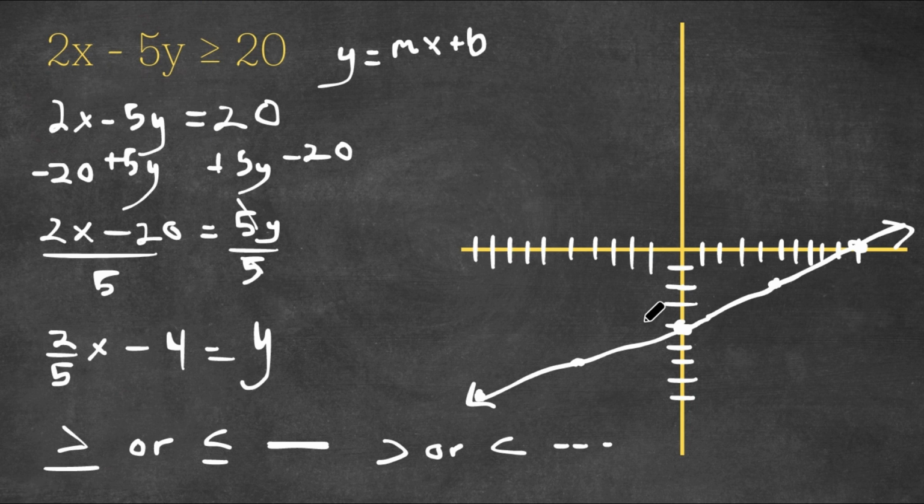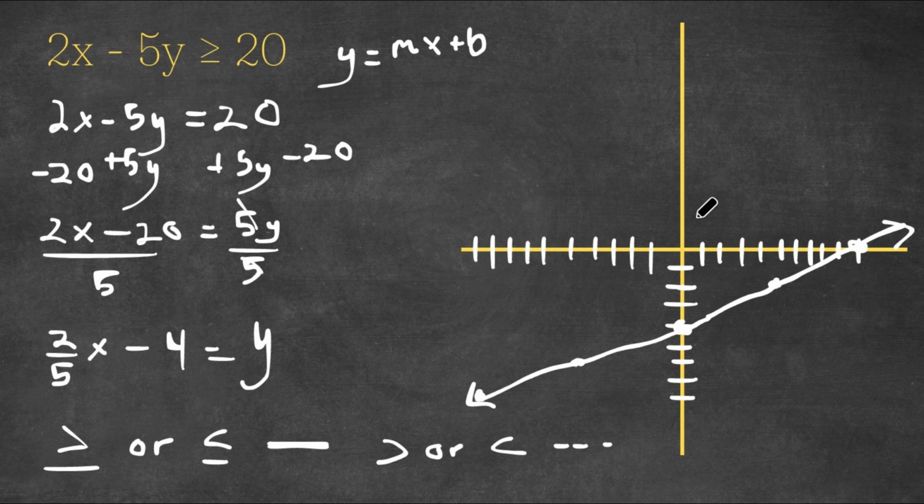And one more thing about inequalities is that we have to actually shade one of these sides. So notice how we have this side of the graph and we have this side of the graph. We have to shade one side depending on whether, if we plug in a point into this inequality, it's true.